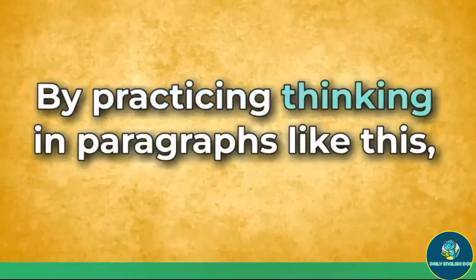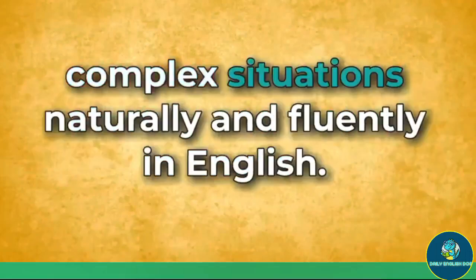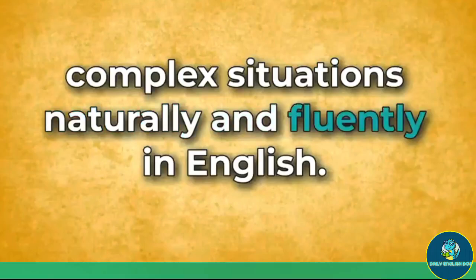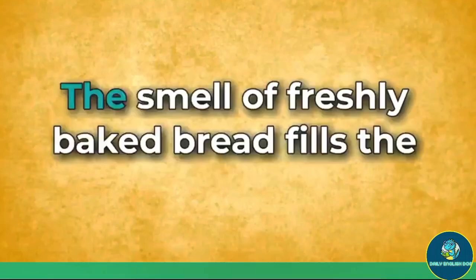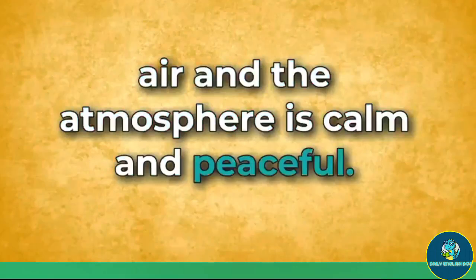By practicing thinking in paragraphs like this, you'll develop the ability to describe more complex situations naturally and fluently in English. The smell of freshly baked bread fills the air, and the atmosphere is calm and peaceful.